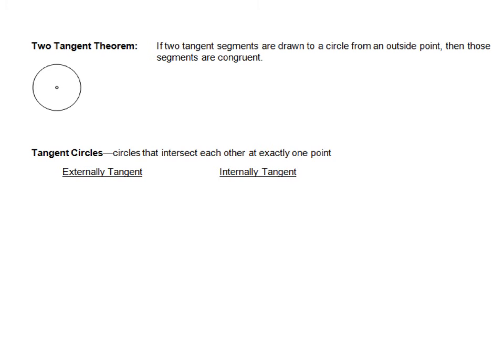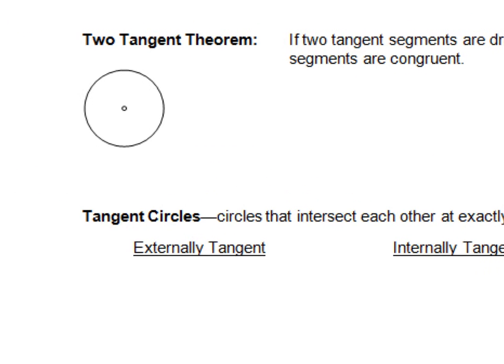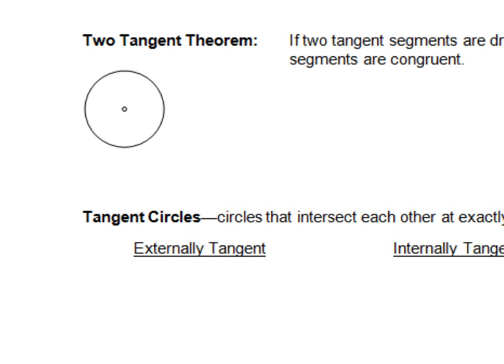All right, we've got this great theorem called the two-tangent theorem. It tells us if 2 tangent segments are drawn to a circle from an outside point, then those segments are congruent. So here's what this is going to look like. If I have a point outside the circle, let's just say I put one right there. Now I'm going to draw two tangent segments. So a segment means the other endpoint will be on the circle.